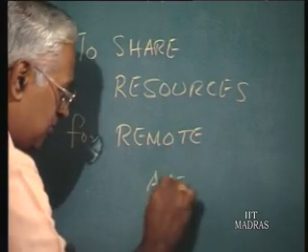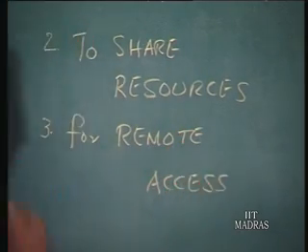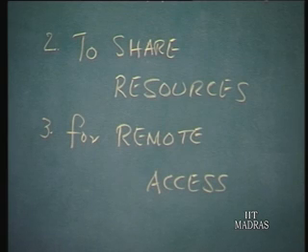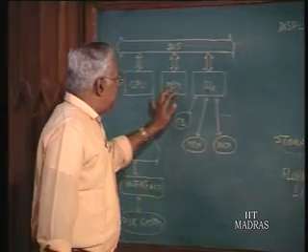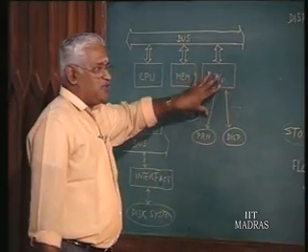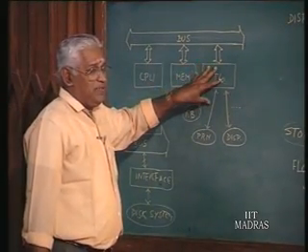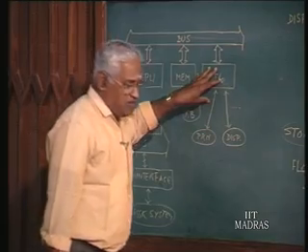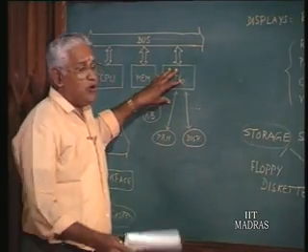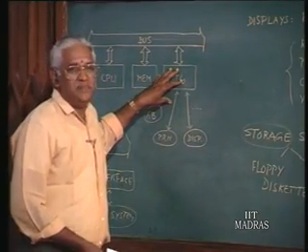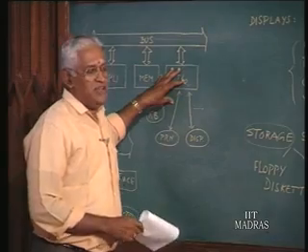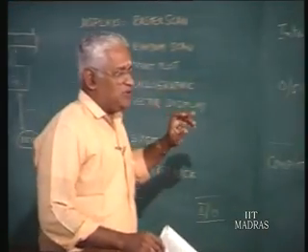Suppose my system with its local information in some hard disk is available elsewhere, and over the network I can remotely log into my system and then access the data. Okay, that is the third aspect of it.